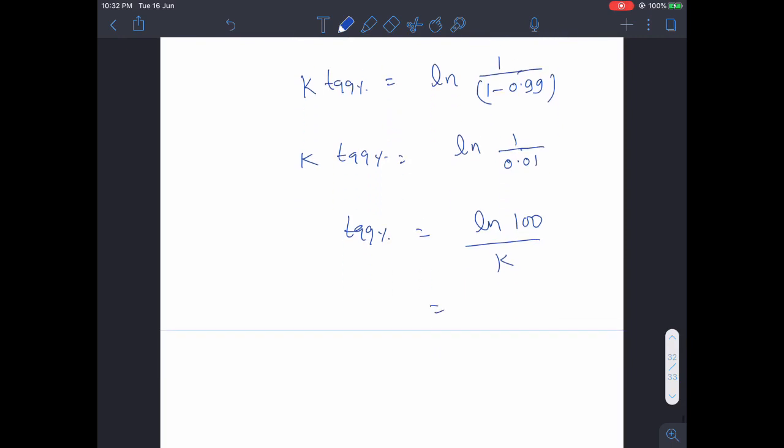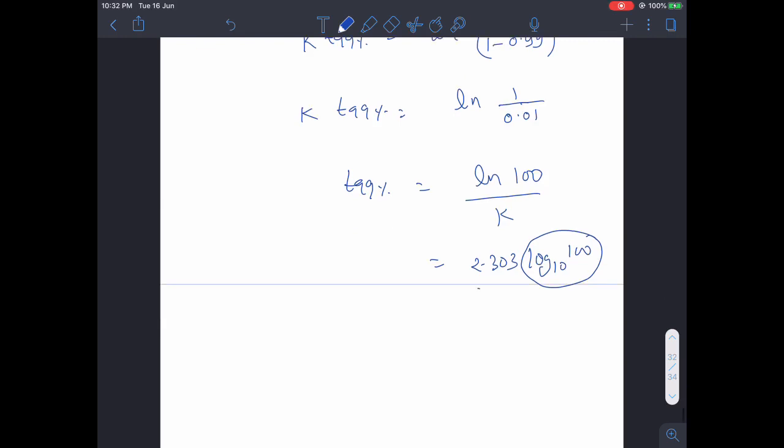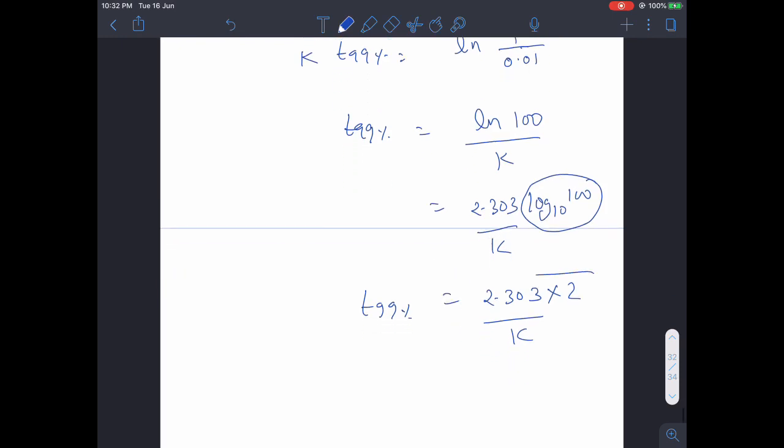Now once again, since ln is equal to 2.303 log to the base 10, log 100 is nothing but 2, 10 to the power 2, divided by k. So this is coming out to be 2.303 into 2 divided by k. Once again you can see that this value is also independent of initial concentration.